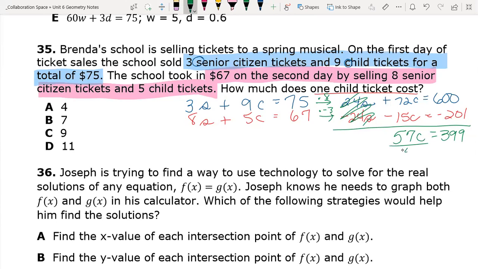And then we divide by 57, and C is 7. So all we needed to do is get C. We don't have to solve for S because they just wanted to know how many child tickets were done.